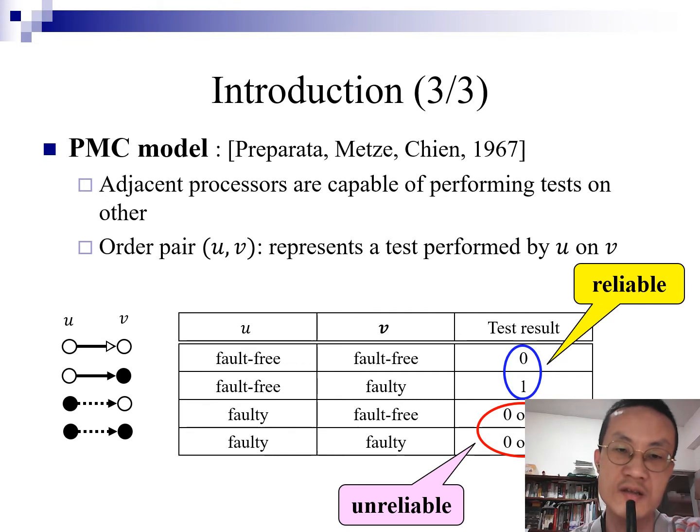Suppose there is an ordered pair (u,v) that represents a test performed by u on v, and the test result is recorded by either 0 or 1. We can see that when the testing processor u is faulty, the test result is unreliable. Otherwise, the test result is reliable.